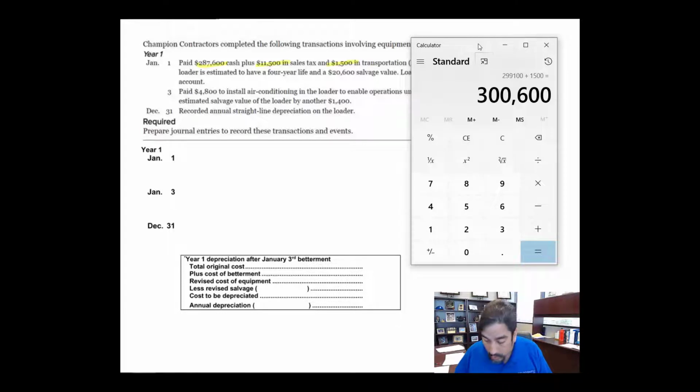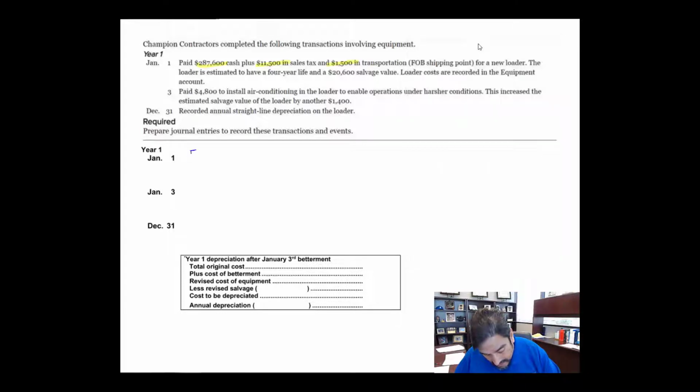So we're going to record that as a debit to equipment and a credit to cash because we paid cash for this. Equipment is an asset account that we're increasing. We do that with a debit. Cash is an asset account that we're decreasing. We do that with a credit.